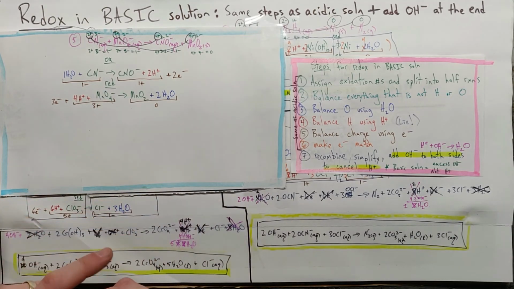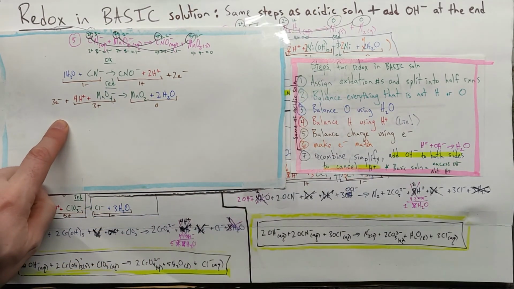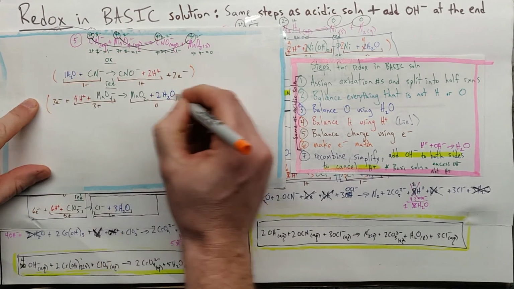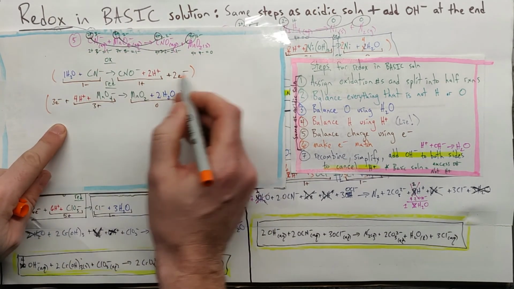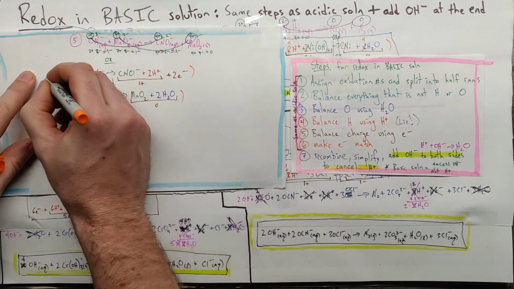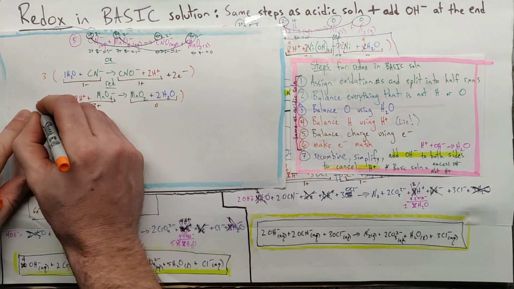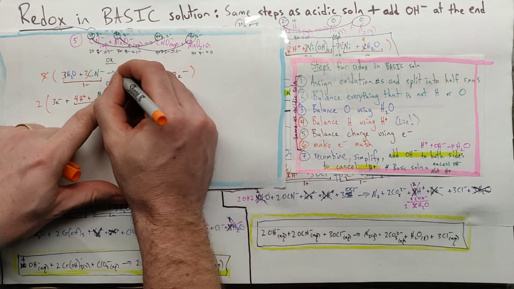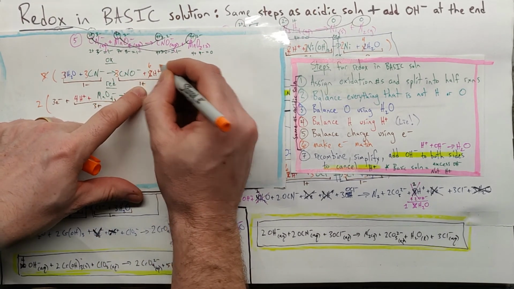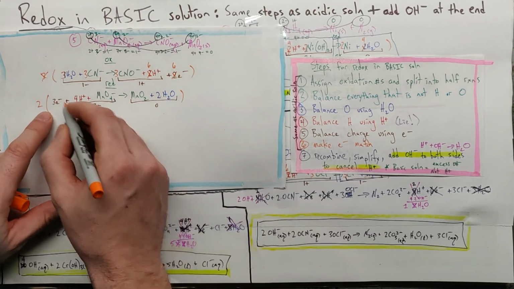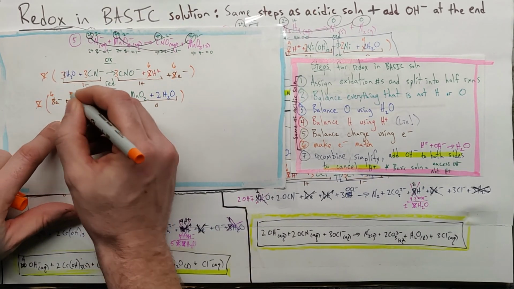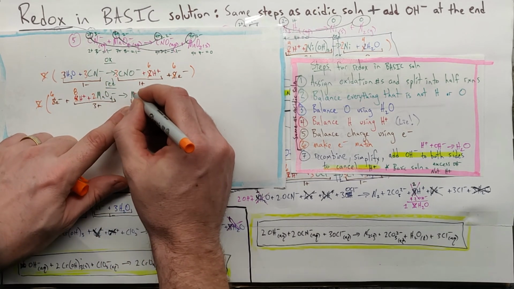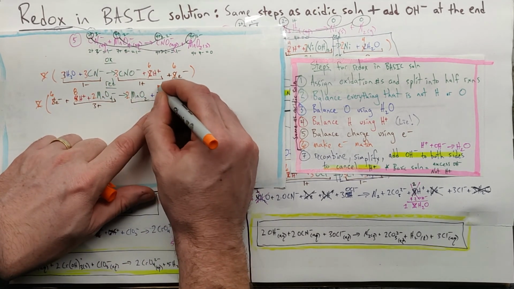Unsurprisingly and annoyingly, we need to make our electrons match by throwing in some coefficients here. Our multiple of interest is going to be 6 electrons, and so we're going to need to multiply this by 3 and this by 2. We'll do that distribution right away. And then down here we have 6, 8, 2, 2, and 4.